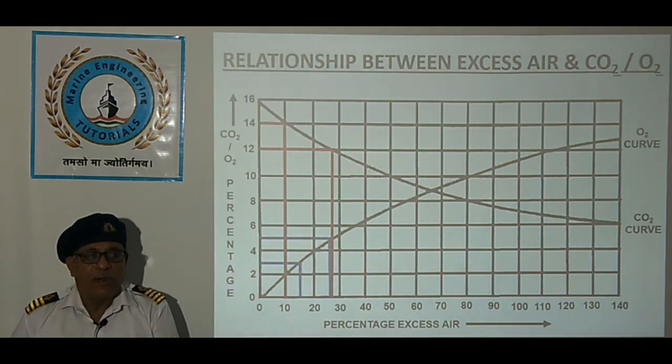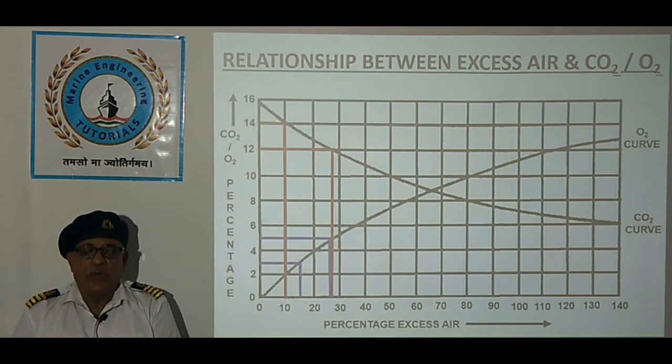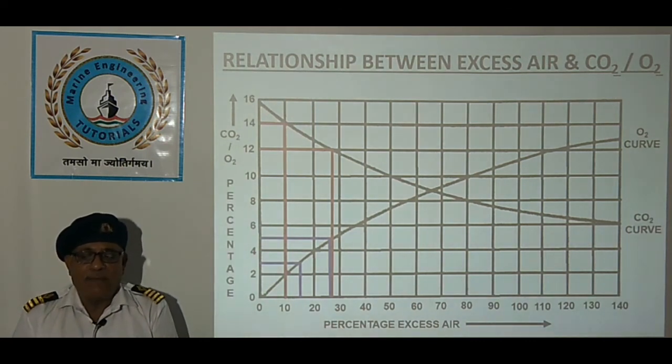This is the oxygen curve, and we can see that the oxygen content is maintained between 3 and 5% while generating the inert gas. Inert gas produced from the boiler flue gas should have oxygen content between 3 to 5%.